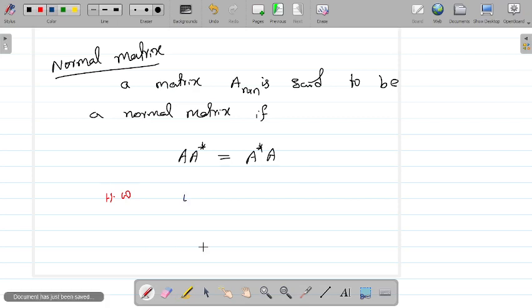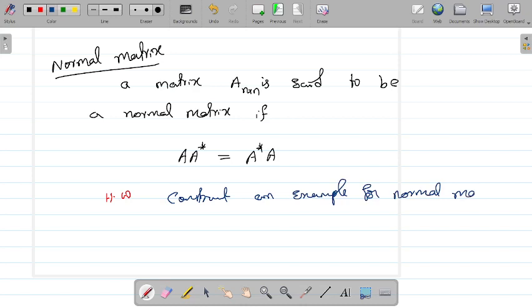It means I want you to do it. So you start with a 2 by 2. Just a 2 by 2 is enough. And if you can, then go for 3 by 3.